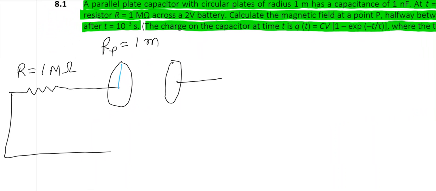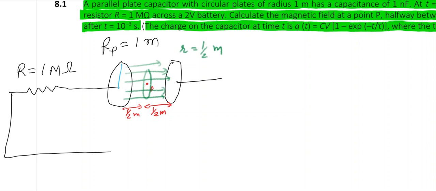Now we are asked to find the magnetic field at some point P, and where is this point P? It is exactly halfway, meaning here you have half meter, and on the other side you have half meter. We can always assume a circular surface through which the electric field lines are passing, and we'll consider the radius of this circular surface to be r equal to half meter, because in order to find the magnetic field we need to consider a surface.